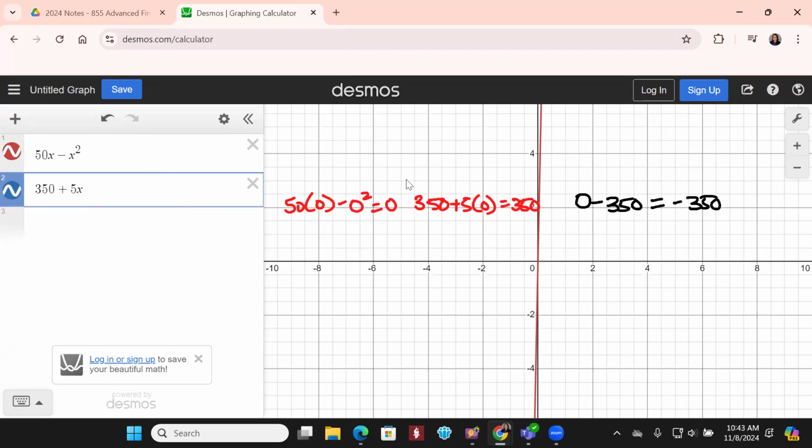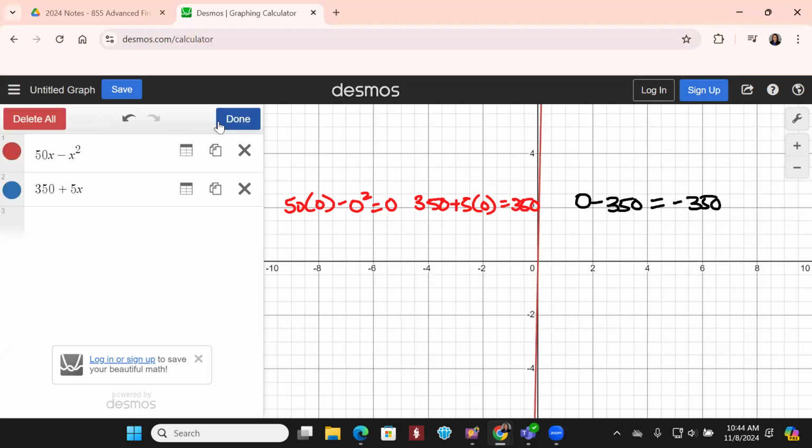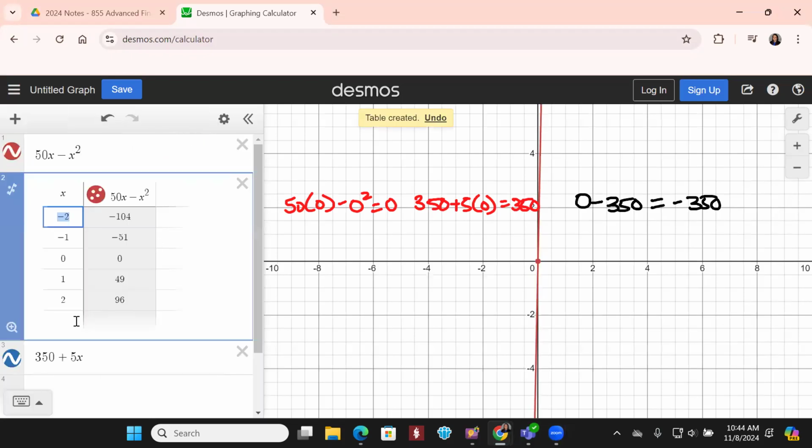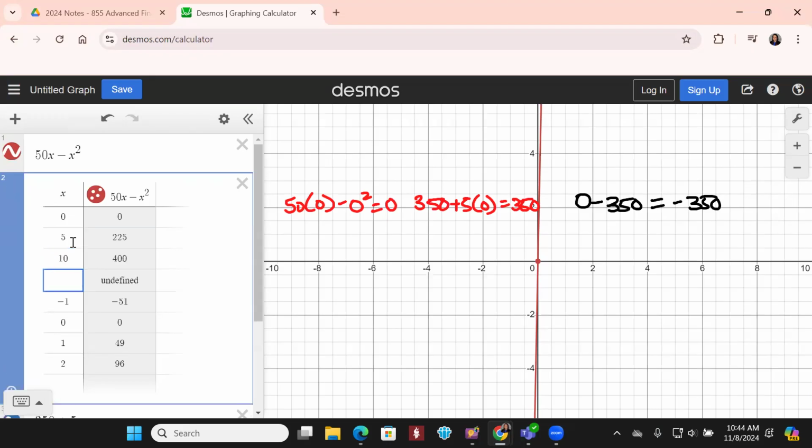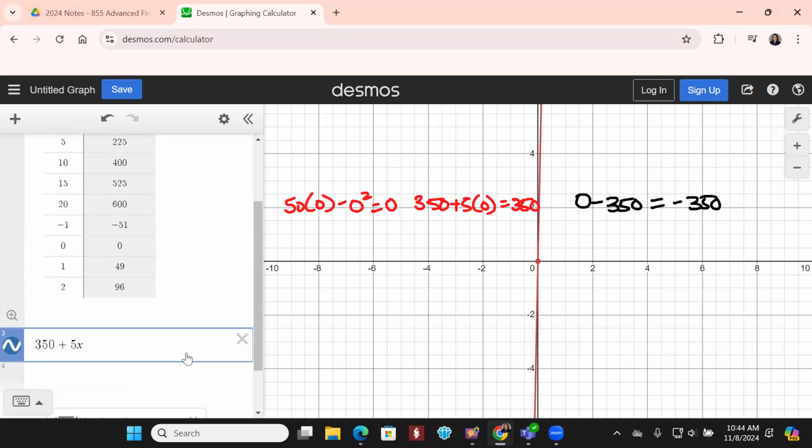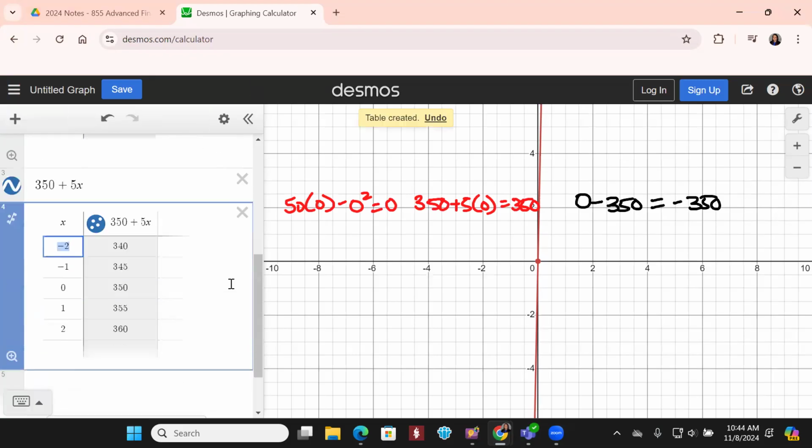Okay, so I typed the two equations in. Now watch the math. You hit the gear, click on the first one, hit the gear button, hit the table, and then type in all the numbers that you need, like 0, 5, 10, 15, 20, etc. Then you come down here, and for this one, you click on the little blue, hit the gear button, hit the table, and type in your numbers, 0, 5, 10, 15, all that way.